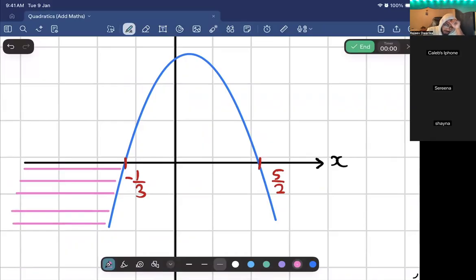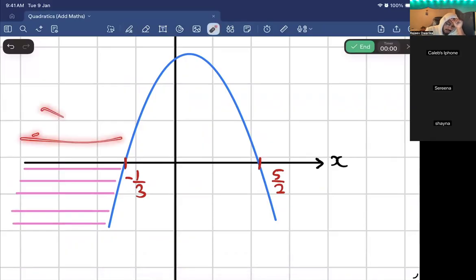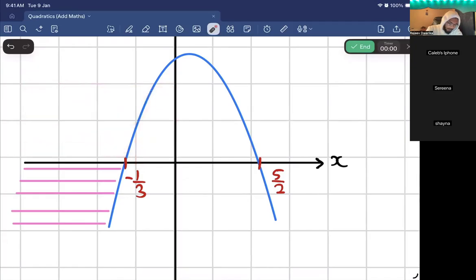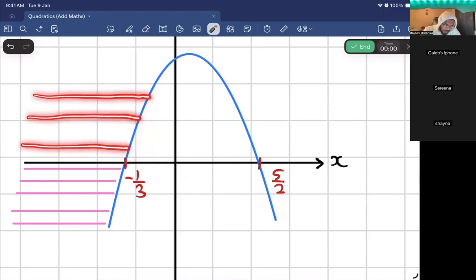Now you're probably wondering, well, sir, why don't you shade on top too? If I shade on top, Serena, look at that, you seeing that? Yes, sir. If I shade on top and take a read off for this point over here, is that x value less than minus a third?